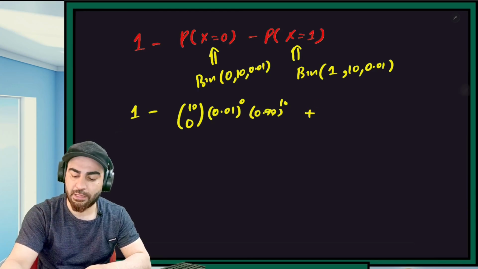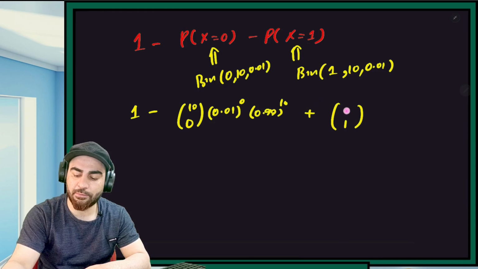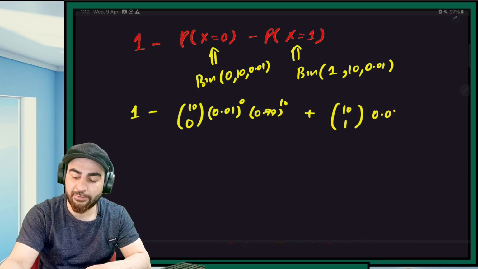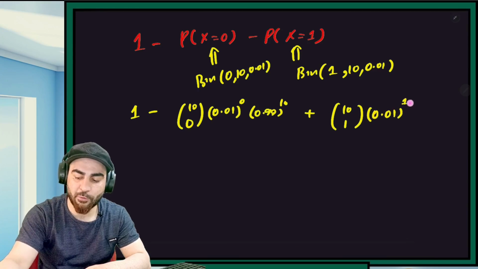And now plus I want 1 success out of 10. Here success is considered a defective thing. So the probability of being defective is this much to the power 1, and the probability of being good is this much to the power 9.